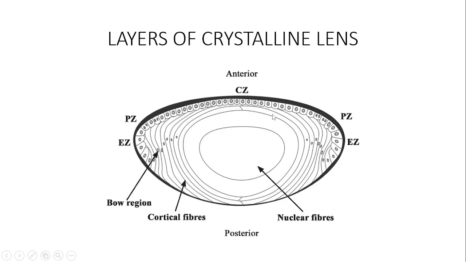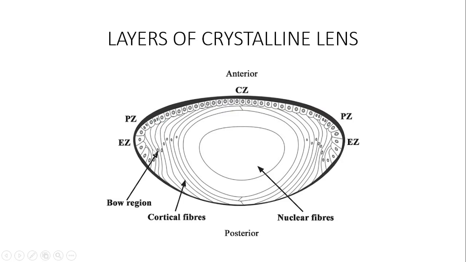Let's go to this picture once again. So this is the lens capsule, which is far thicker at the anterior portion and very thin at the posterior. Apart from the capsule, the next layer which comes is the epithelial layer. The epithelial layer is non-existent at the posterior part of the crystalline lens.